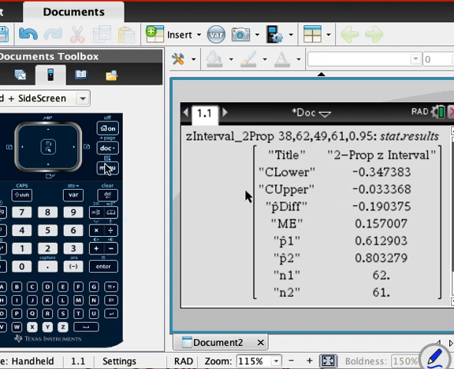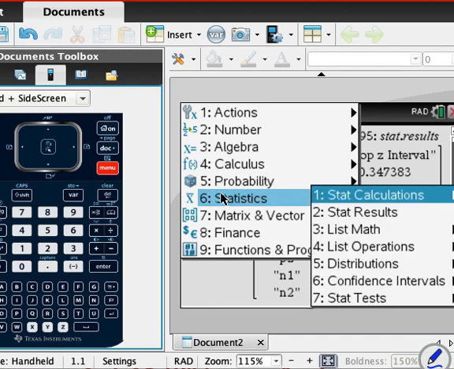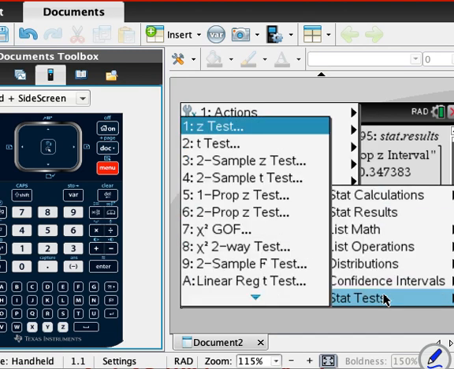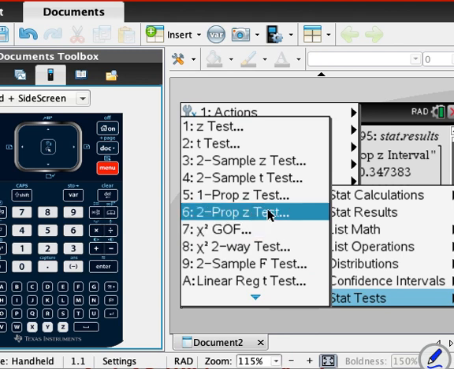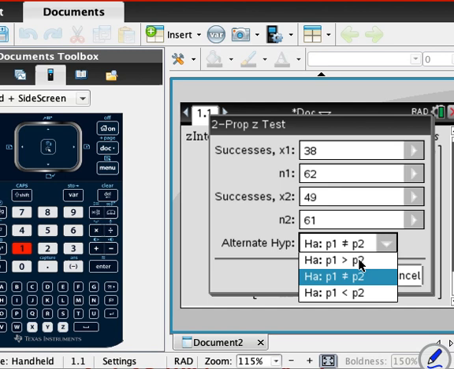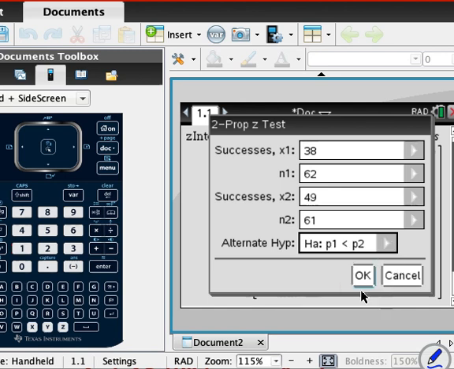You can also go back into that stats menu and run a significance test. So if you go down to the stat tests, we want a 2 proportion Z test. So that's this one. And again, we can put that same information in there, 38 and 62, 49 and 61. This is not two-sided, but we're looking for P1 to be less than P2. So change it to that one-sided.